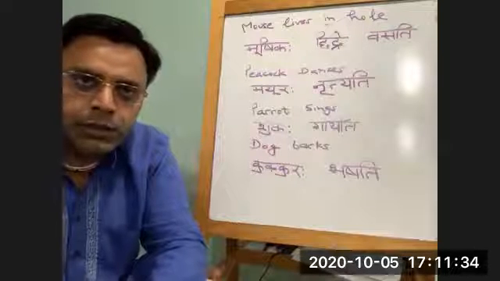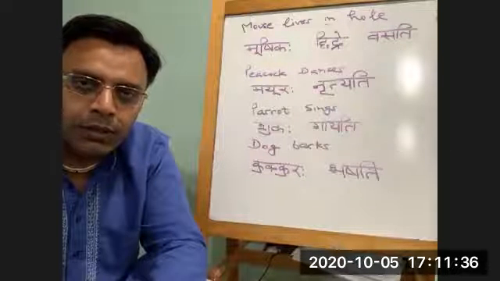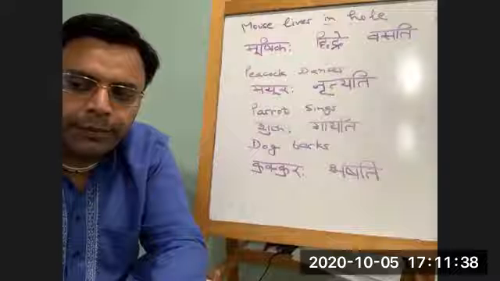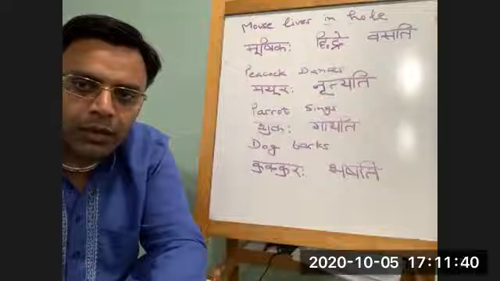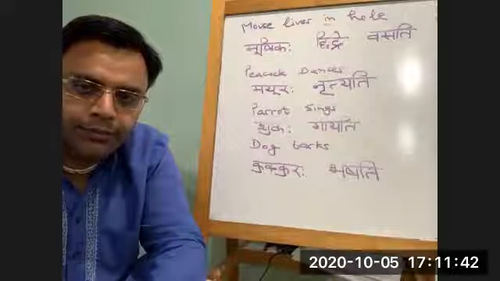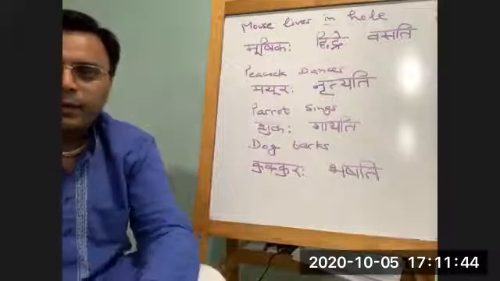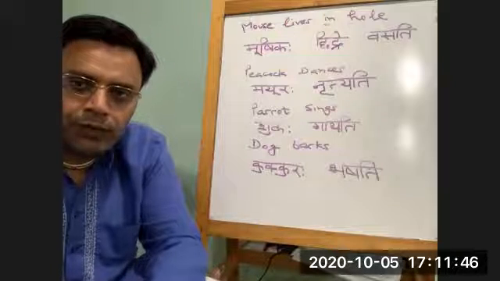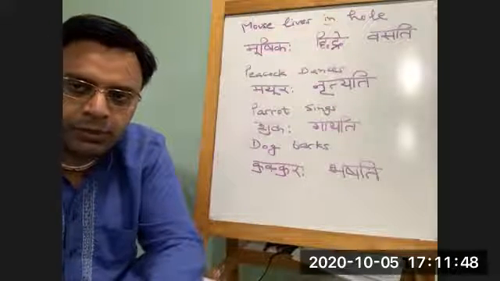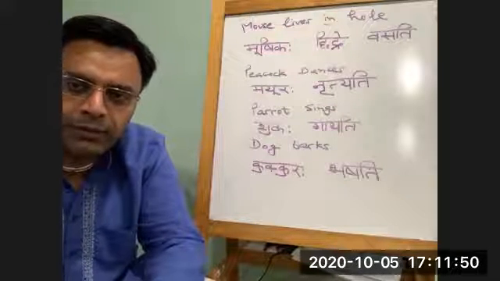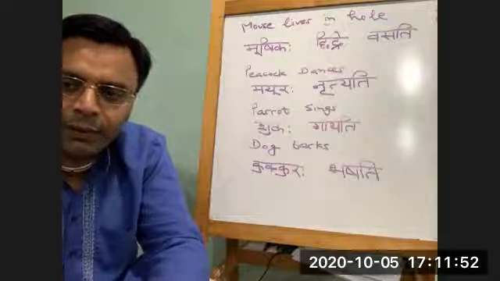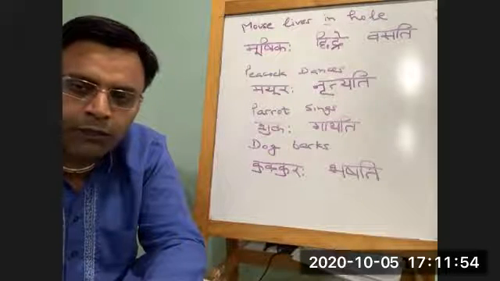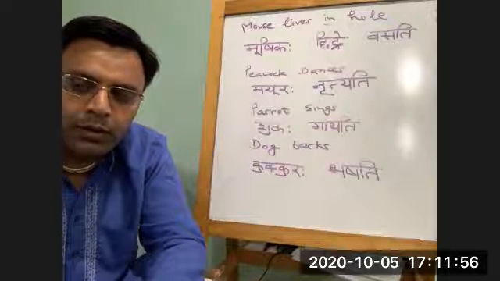So fox is Lomashaha. A jackal is called Shrigalaha. Okay, so three varieties of the similar looking animal: a fox, wolf, or jackal.